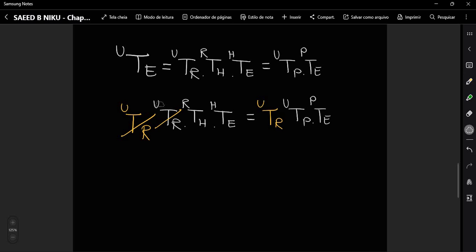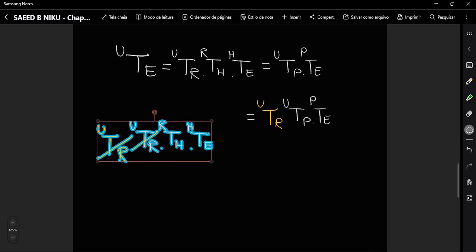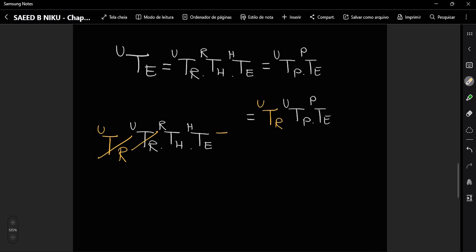And right here, to eliminate this term, the transformation of the reference frame E in relation to the reference frame H, we are just left with the transformation of the reference frame H in relation to the reference frame R. And doing this side also.